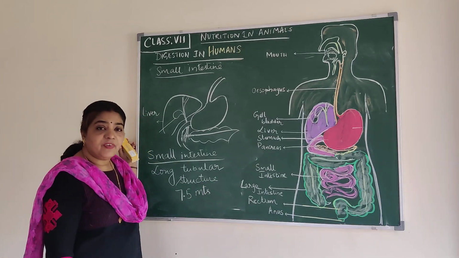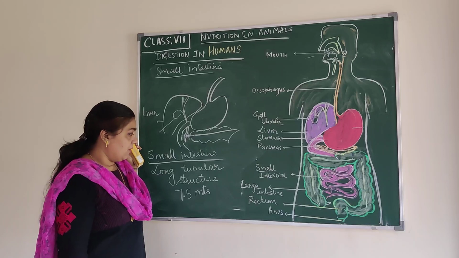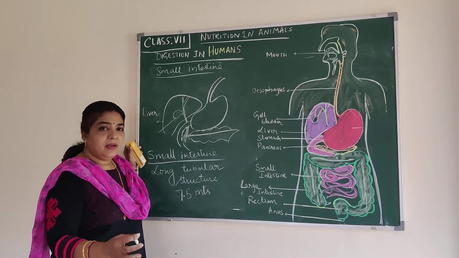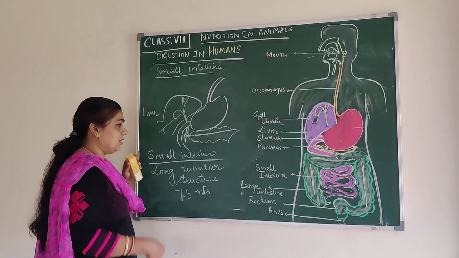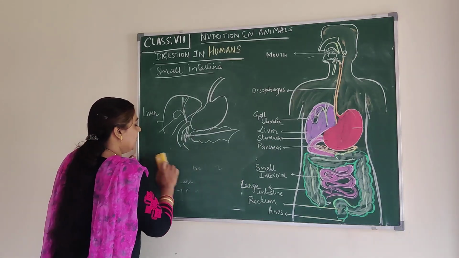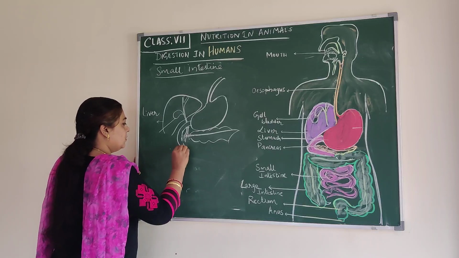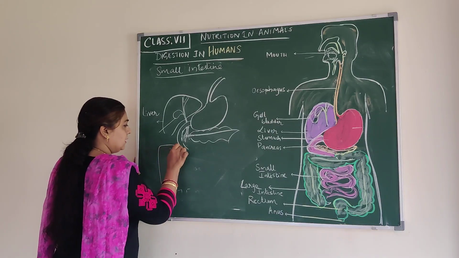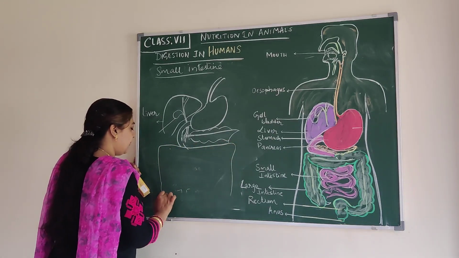It is a long, highly coiled structure. You can see it is highly coiled. So completely it gets coiled. Okay, so I will show here. So here, you know, the large intestine is there, right?